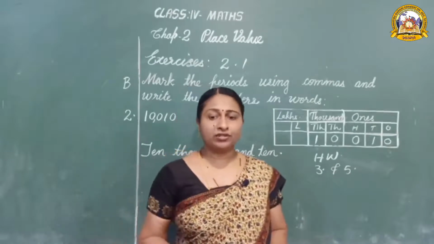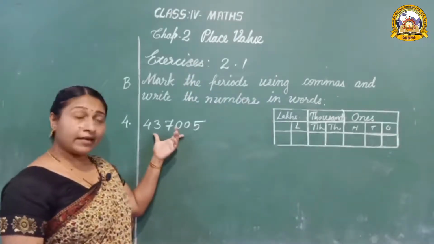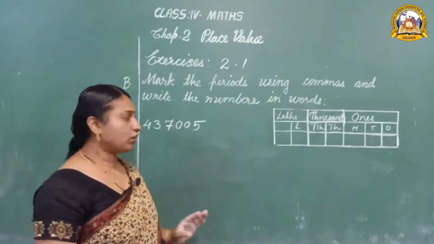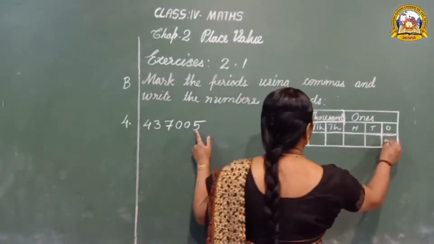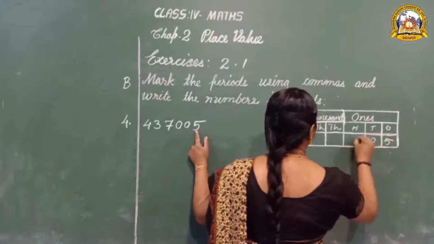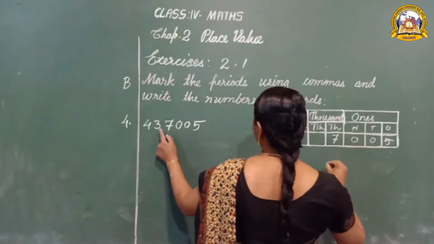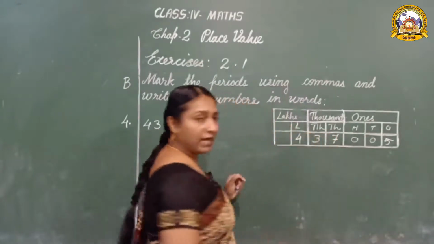Now I am going to give the fourth one. Here first let us arrange the digits in the place value chart. How many ones are there? 5 ones, 0 tens, 0 hundreds, 7,000, 3 ten-thousands and 4 lakhs.